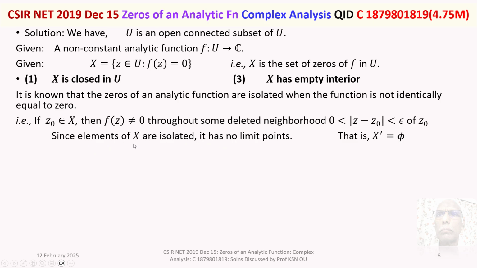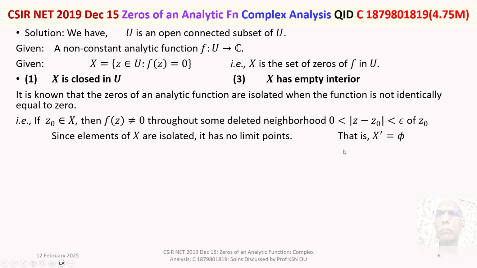Because these elements are isolated, it has no limit points. Because of this reason, we are able to find a deleted neighborhood in which there is no other zero, and at every point of this deleted neighborhood F does not vanish. Thus it has no limit points. This happens because the elements of X are isolated.